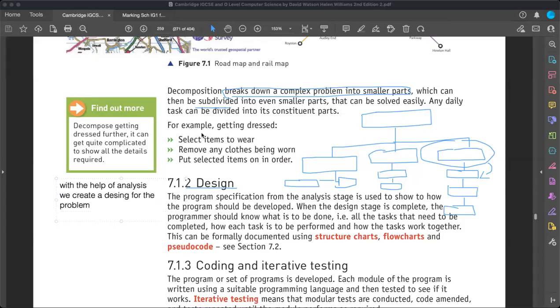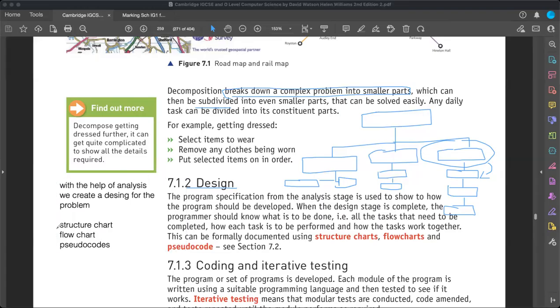So we are going to design our problem or program with the help of stages. They are called structure chart, flowchart or pseudocode. So this is how we are going to create a design.